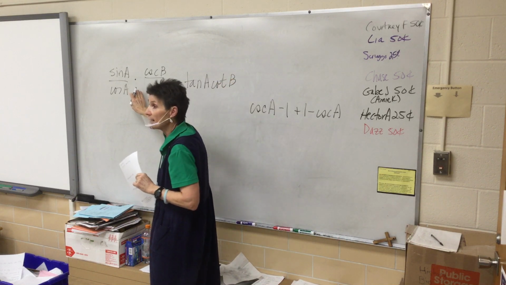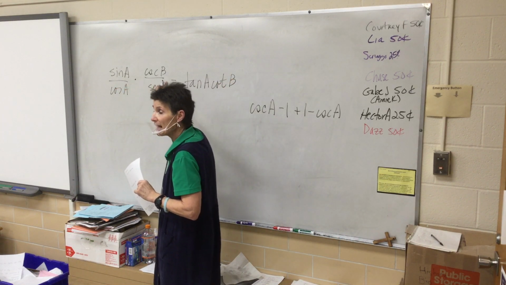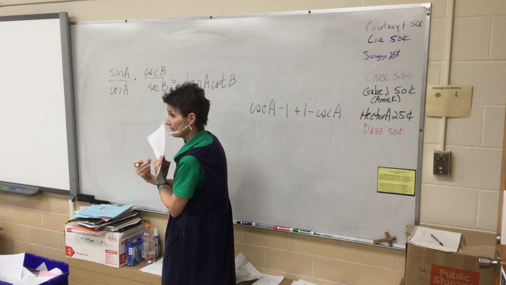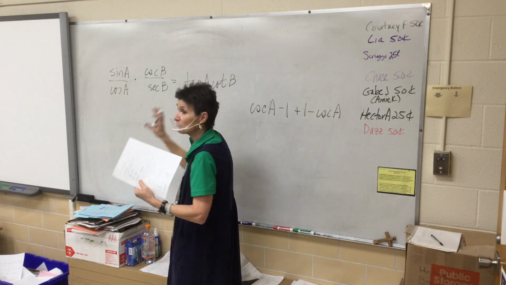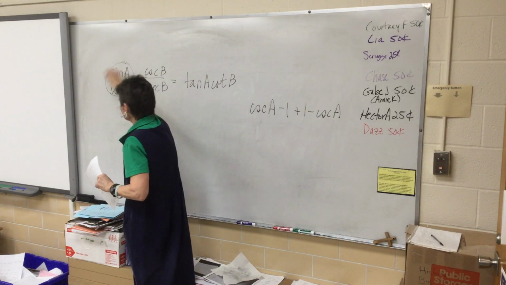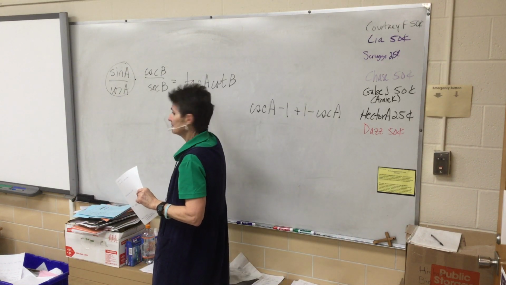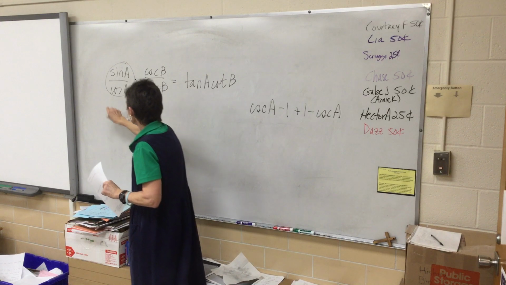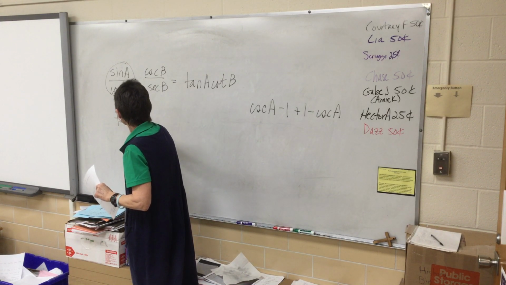Is that okay? If I put them together, would I get what's on the sheet? Yes. So I split them to keep the A's together and the B's together. Well, what's that? Isn't that tangent A? So that part's done.